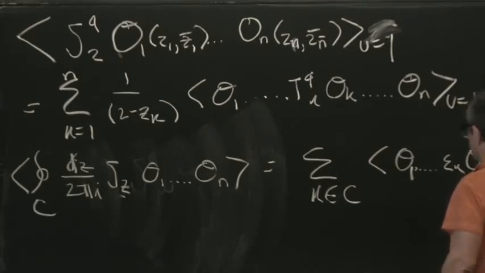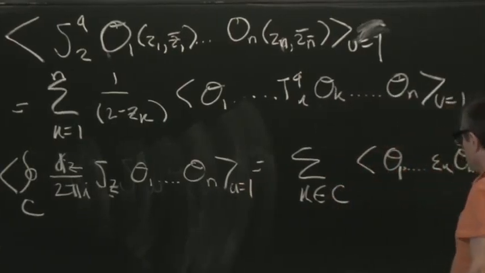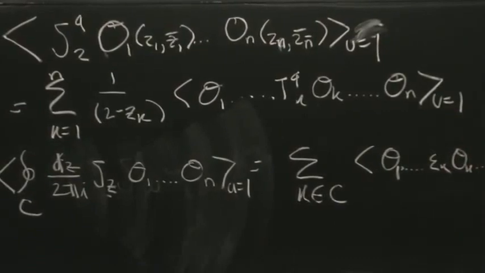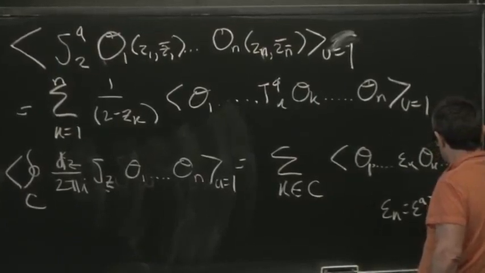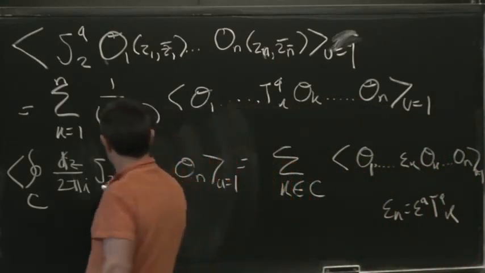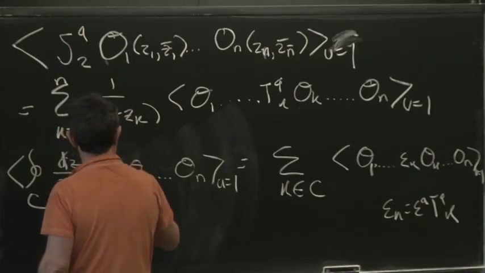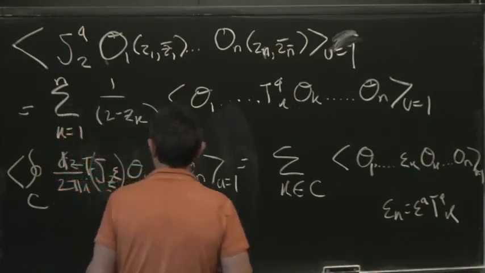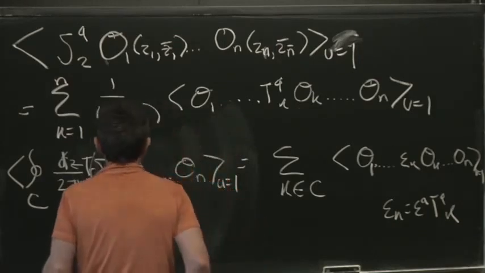Again, this is at u equals 1, and where epsilon k is equal to epsilon a t a k. And I needed an epsilon here, and I needed a trace.